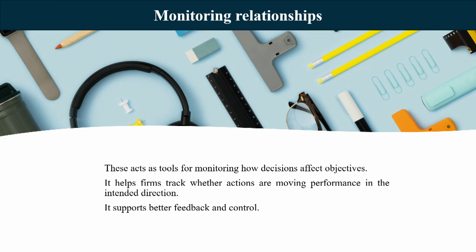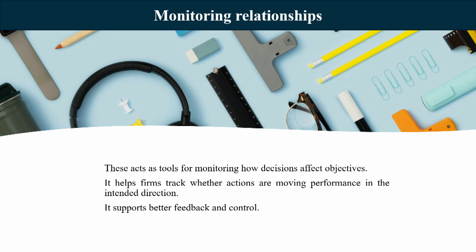The moment I am intensifying my distribution, investing a lot of money in my distribution channel, is it going to increase the sales or not? The moment I am decreasing the price, is it impacting the quantity demanded or not? So, all these questions can be answered by monitoring the relationships, monitoring the decisions taken. It helps firms track whether actions are moving performance in the intended direction or not.